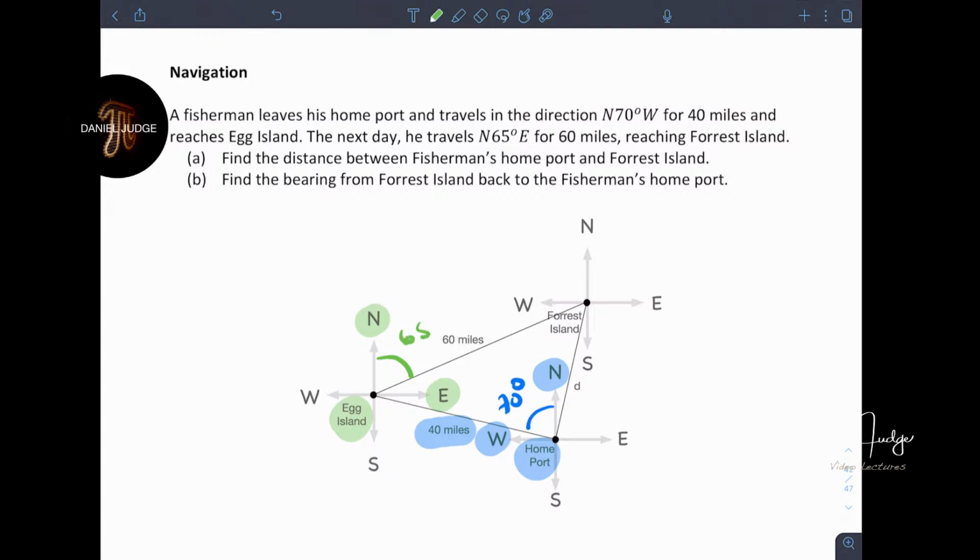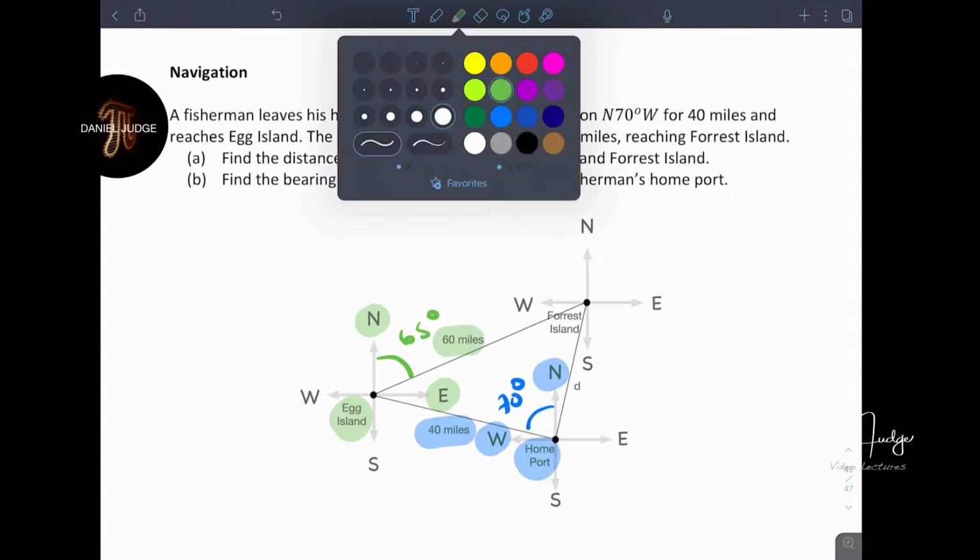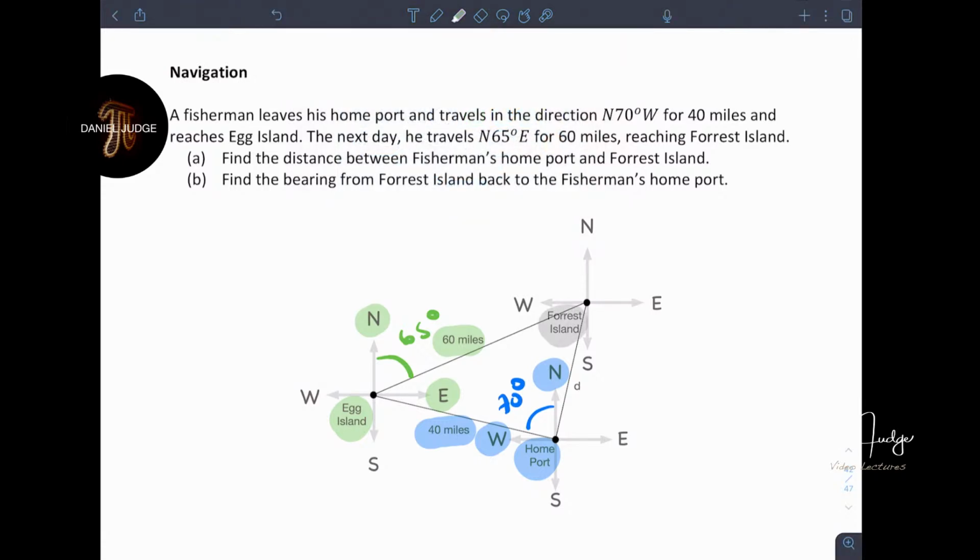So here's our 65 degrees. Traveling northeast and going for 60 miles now, and of course, reaching the destination known as Forest Island. And I guess we'll just color that gray. All right.